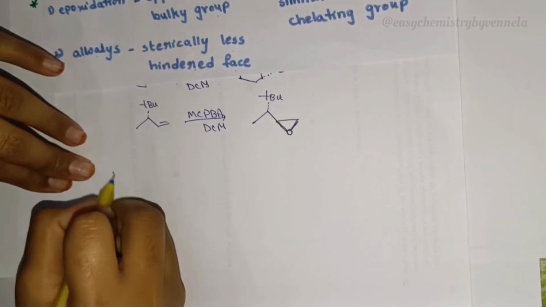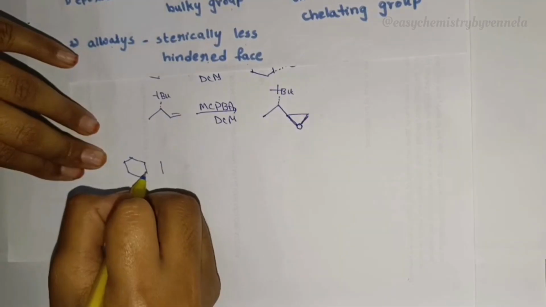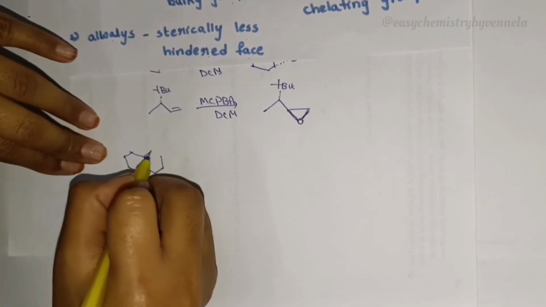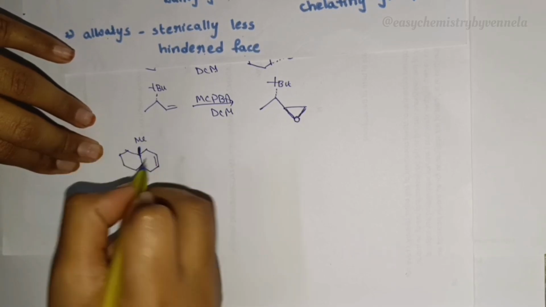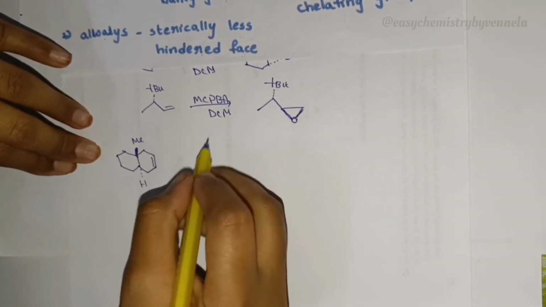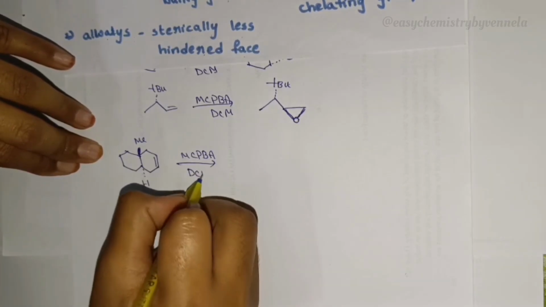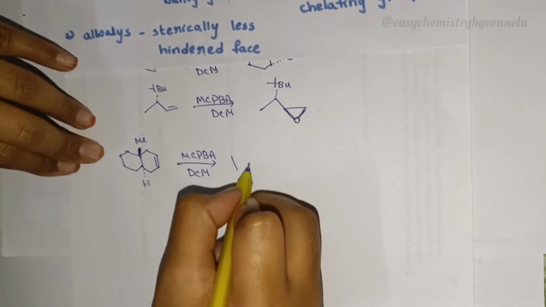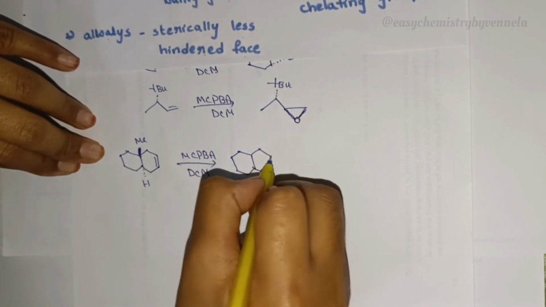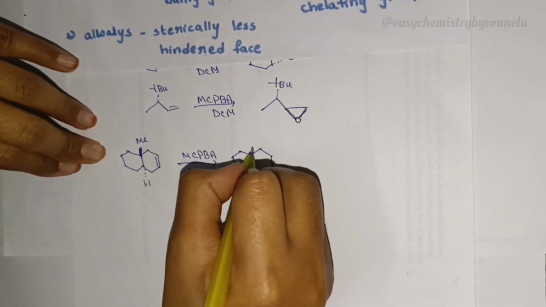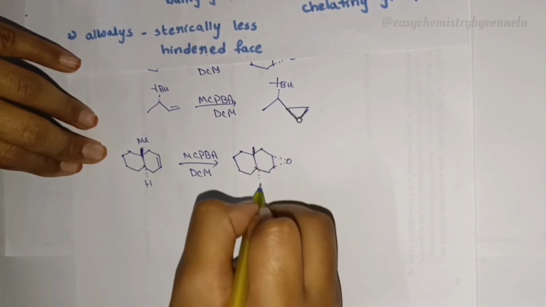So next, this is one of the CSIR-NET exam questions. MCPBA, DCM. Here the group is above the plane, so epoxidation is below the plane.